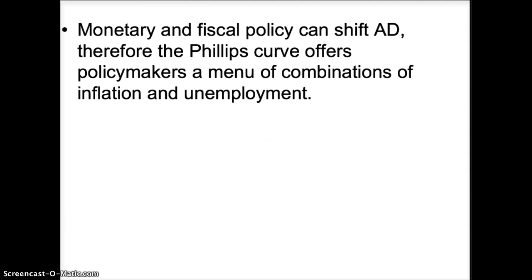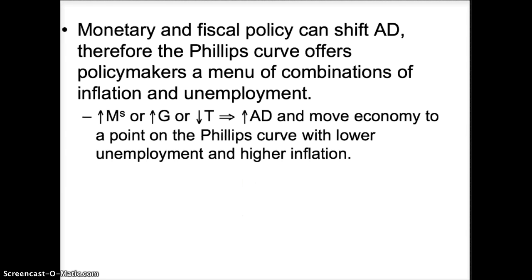Remember, monetary policy and fiscal policy can shift the aggregate demand curve. Therefore, the Phillips curve offers policymakers a menu of combinations of inflation and unemployment to choose from. If policymakers increase money supply, increase government spending, or decrease taxes, the aggregate demand curve will increase and move the economy to a point on the Phillips curve with lower unemployment and higher inflation.